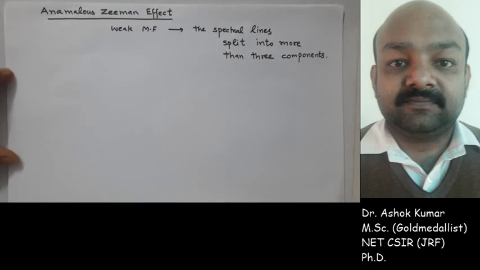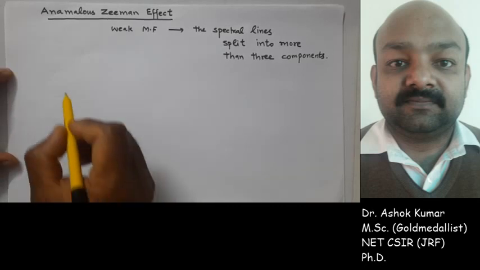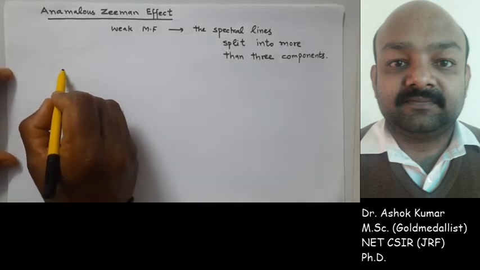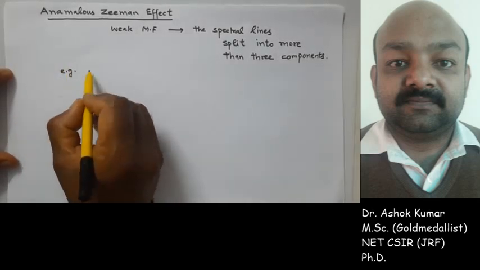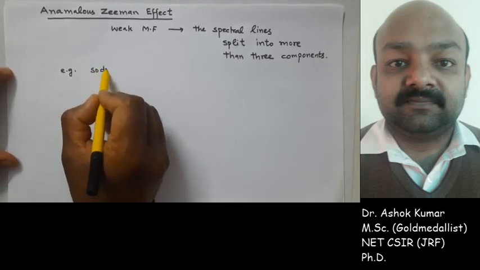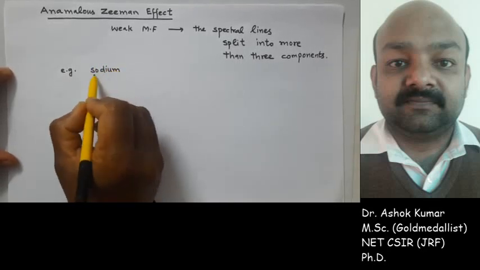This splitting is called anomalous Zeeman effect. We will explain this splitting with the help of taking sodium as an example.